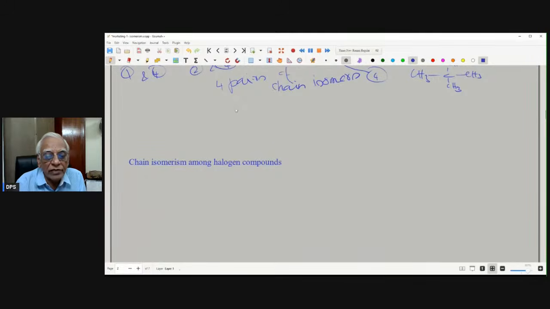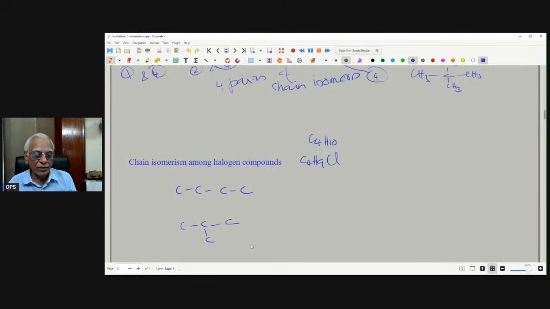Chain isomerism among halogen compounds. For example, let me take C4H9Cl. One of the hydrogen atoms of C4H10 is replaced by a halogen, chlorine. Chlorine is a functional group. As I told you, there are two carbon chains, 4 plus 0, and the other one is 3 plus 1.